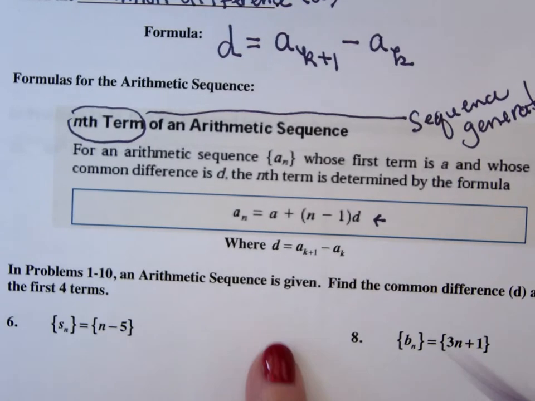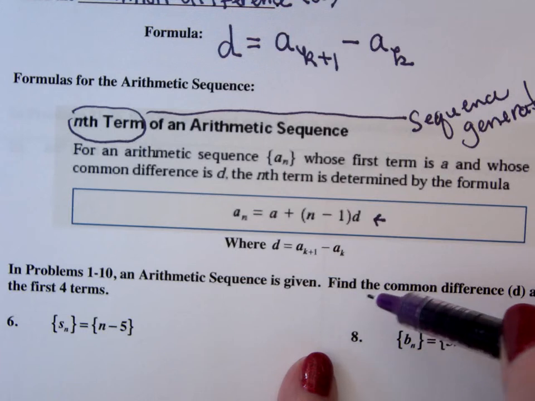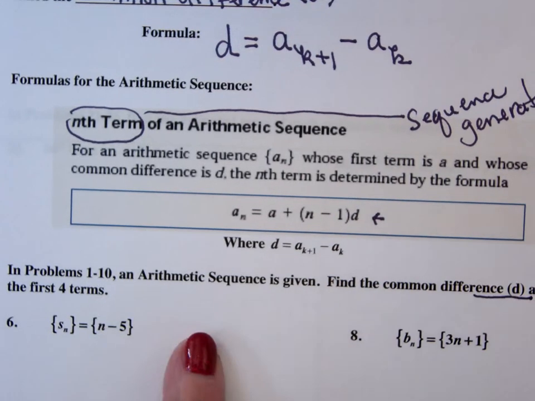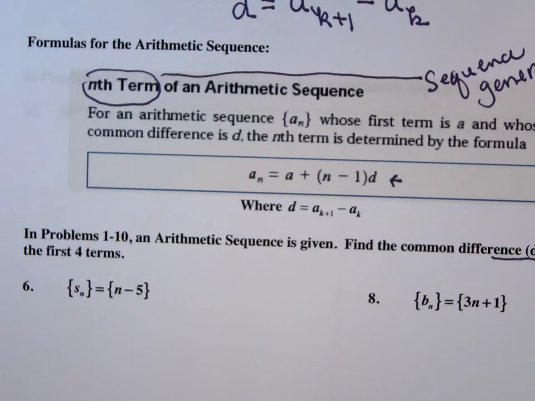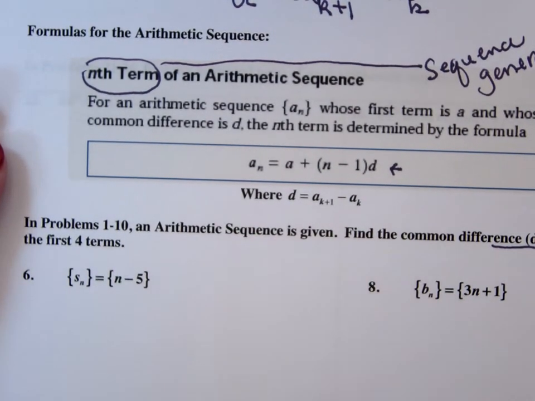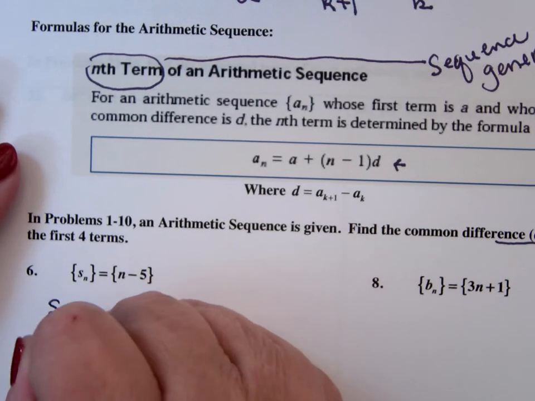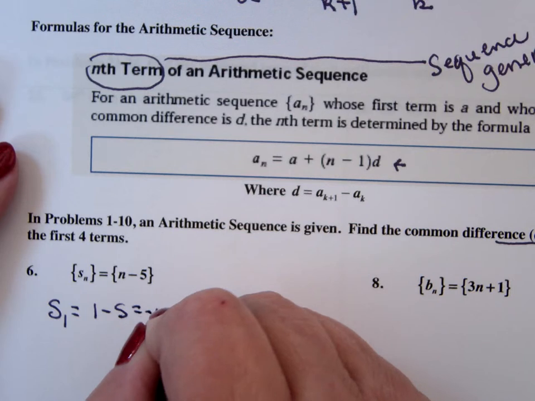So this says, in problems 1 through 10, an arithmetic sequence is given. Find the common difference, D, and write out the first 4 terms. Well, first of all, I write out the terms, then it's easy enough to find D. S sub n is equal to n minus 5. So that says that S sub 1 is 1 minus 5, which is minus 4.